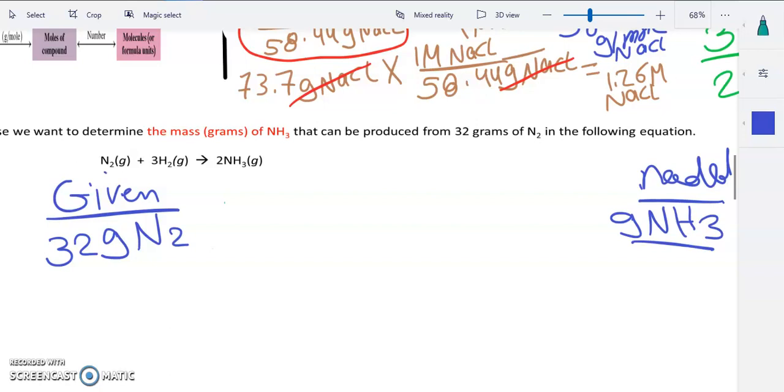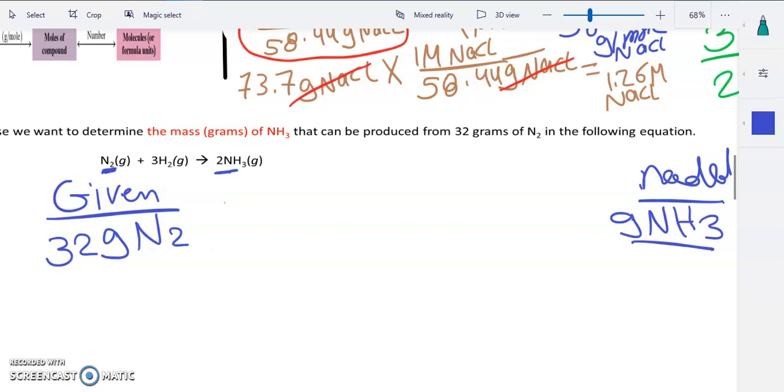Again, we organize our thoughts gram to grams, but this is between nitrogen and NH3, which means between reactant and the product. Then we need to jump in many steps to reach the grams of the product.